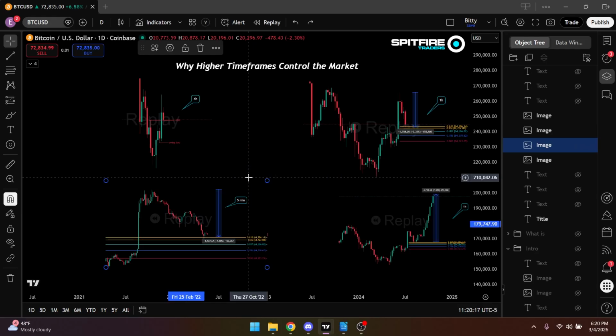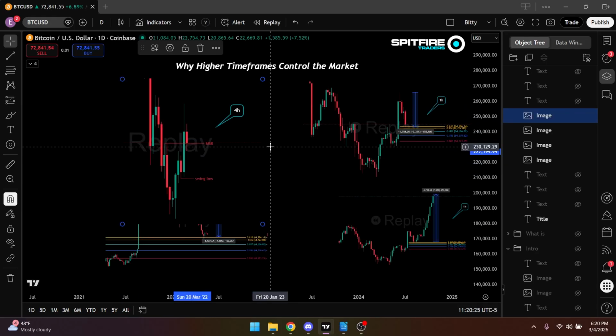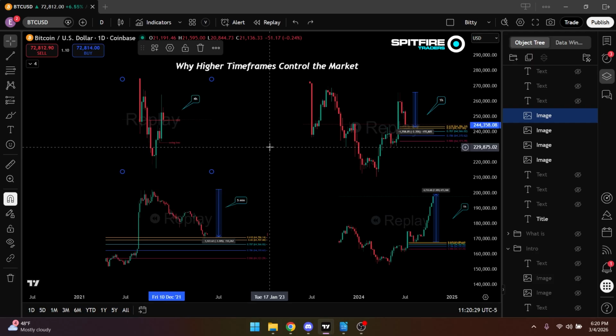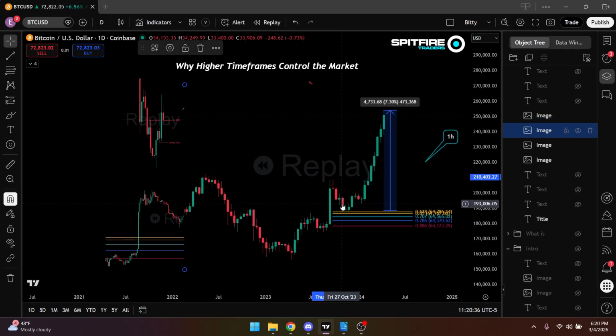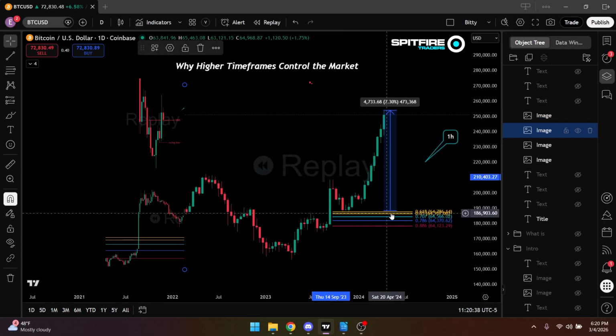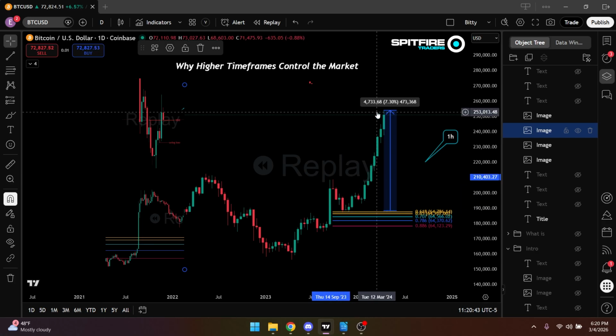But remember, when you zoom out on the 4-hour, it's just a simple pullback inside a larger uptrend. And once that pullback finishes, the higher time frame trend usually continues. And as we can see, after retesting the Fib Algo Golden Pocket, price bounced and did another 7% up.